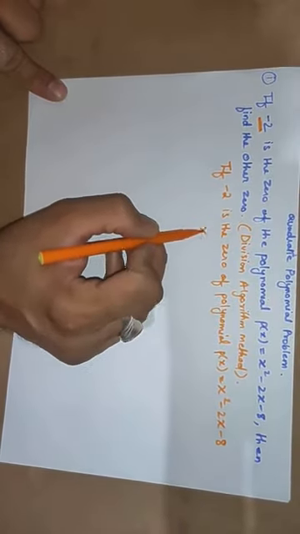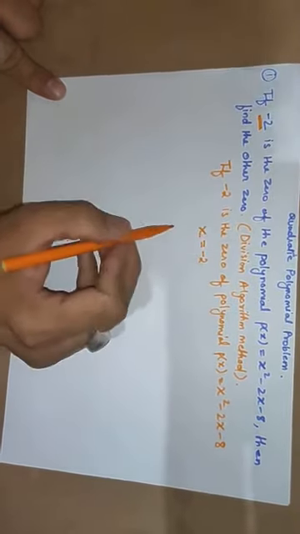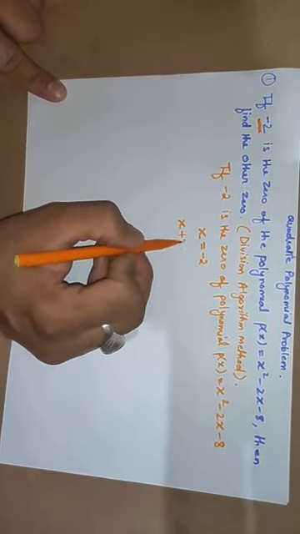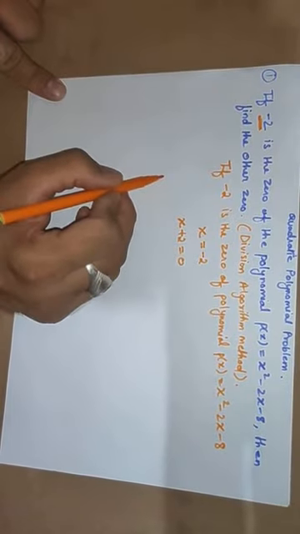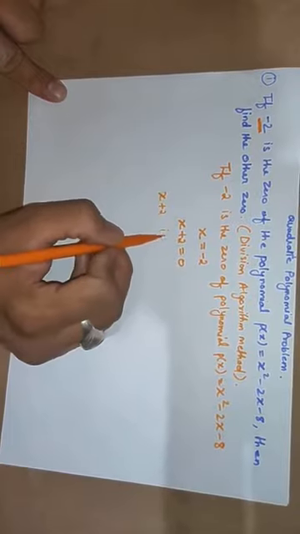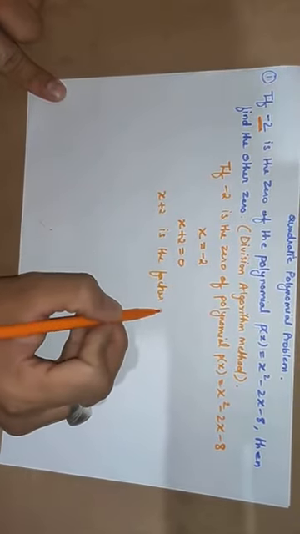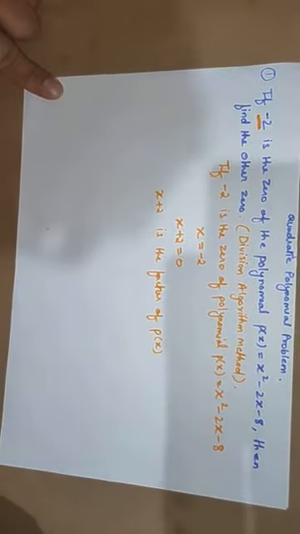That means x equals minus 2, or I can write x plus 2 equals 0, or I can say that x plus 2 is a factor of this polynomial p(x).